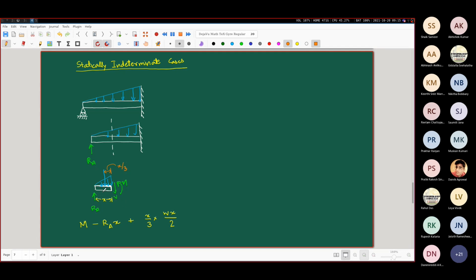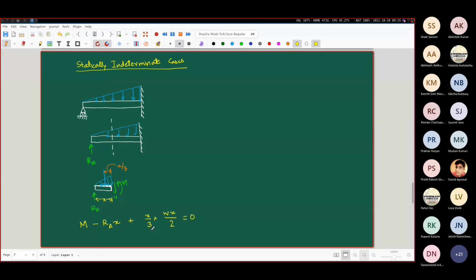This of course is 2x by 3. So we are taking the moment of this equivalent force about an axis which is passing through the right end of this cut section. So x by 3 into what is the magnitude of the force? It is half of Wx. So this thing should be equal to 0.